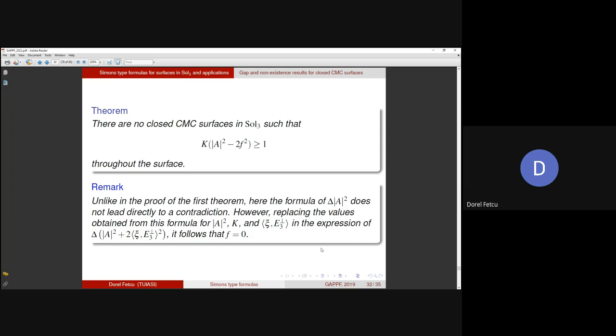Namely, we obtain that f has to be equal to 0, so the surface should be minimal, which is not possible.